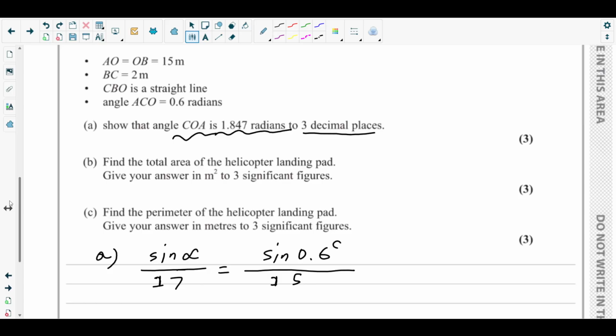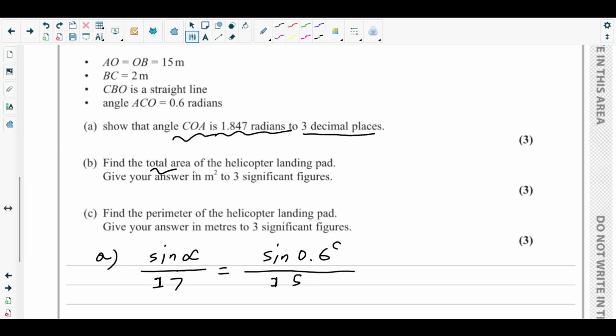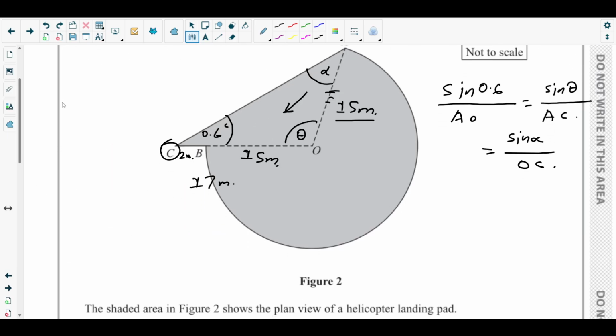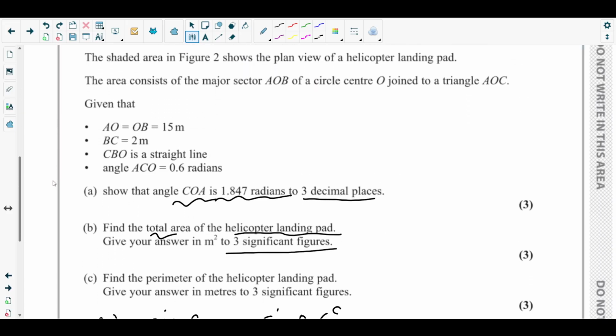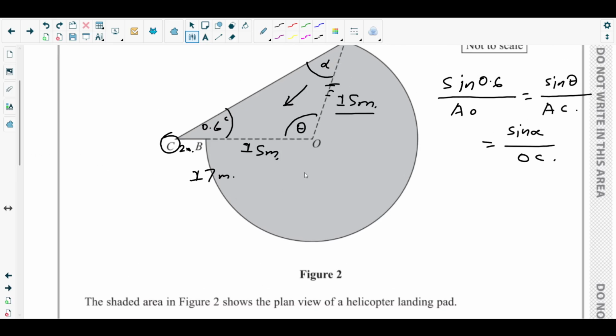Fine. Part B is asking to find the total area of the helicopter landing pad, giving your answer in meters squared to 3 significant figures. Okay, we need to find out the area of this helicopter landing pad. So this shape, we have to divide into 2 parts.